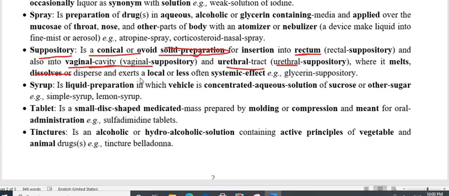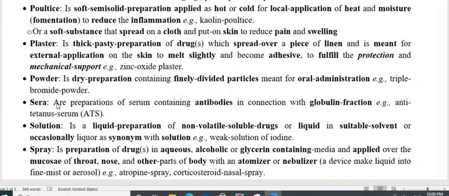Pessary has mainly a local effect, whereas suppository has both local as well as a meager amount of systemic effect. So this is important.